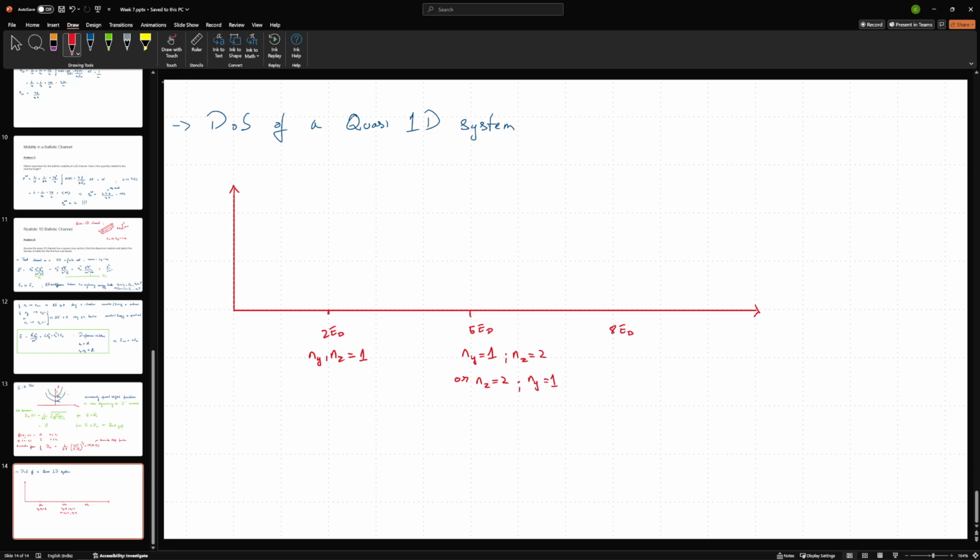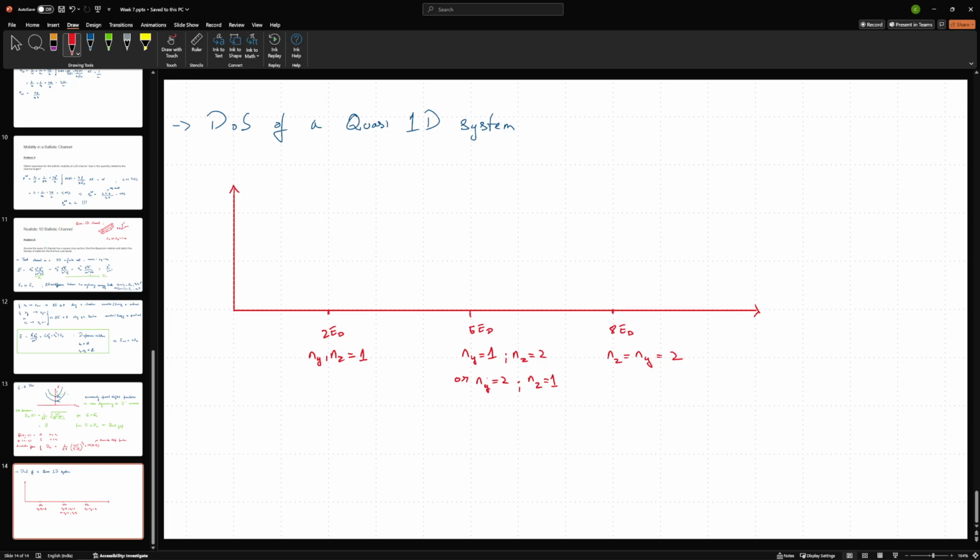And ny equal to 2 and nz equal to 1. And over here we have nz equal to ny equal to 2. So these are the three energy ticks I shall consider.